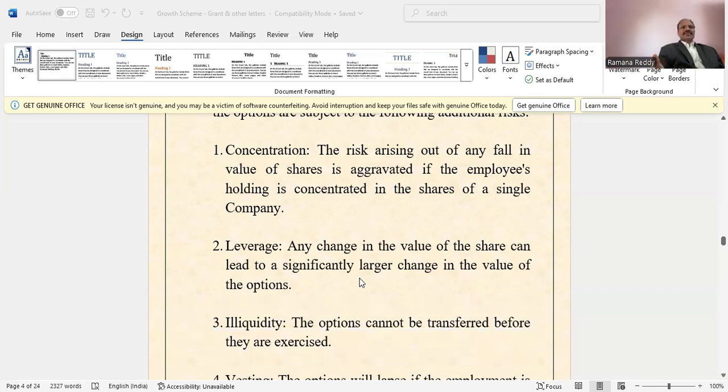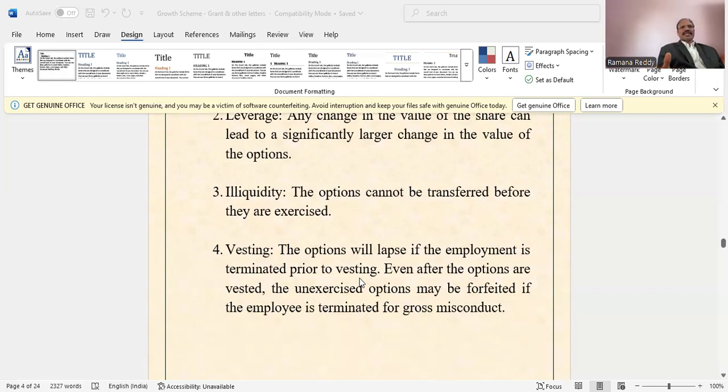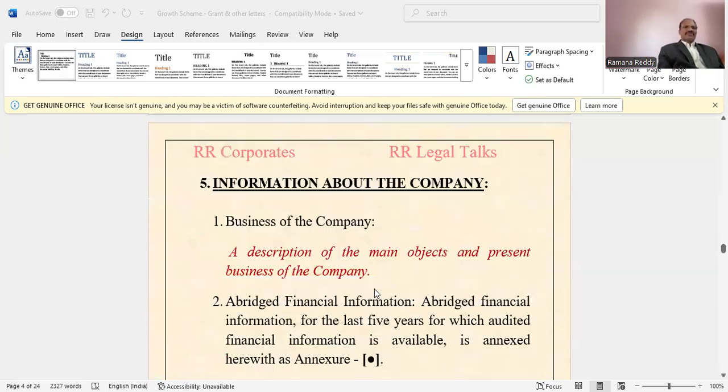Leverage: any change in the value of the shares can lead to a significantly larger change in the value of the options. Illiquidity: options cannot be transferred before they are exercised. Vesting: the options will lapse if the employment is terminated prior to vesting. Even after the options are vested, unexercised options will be forfeited if the employee is terminated for gross misconduct. So these are all the risk factors.